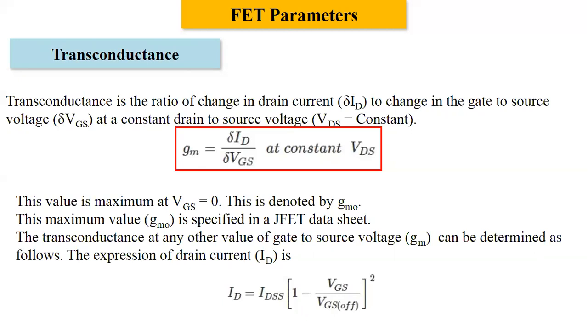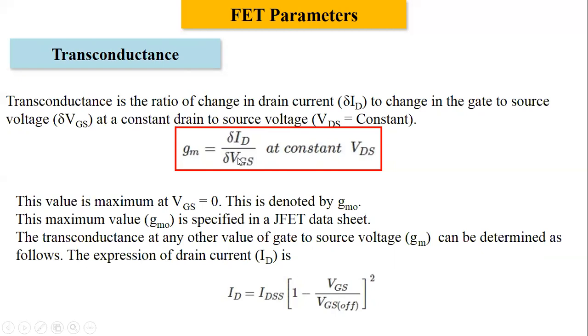So it is the formulation between input and output. The input is the gate to source voltage, and the output is the drain current. So the amount of drain current varies with the amount of gate to source voltage.